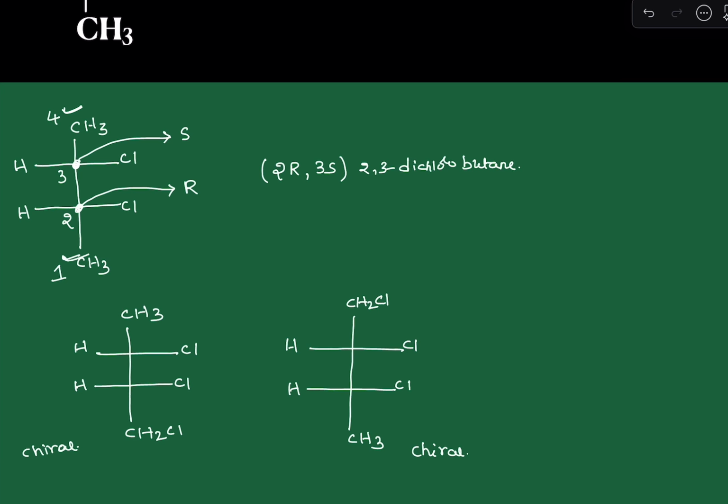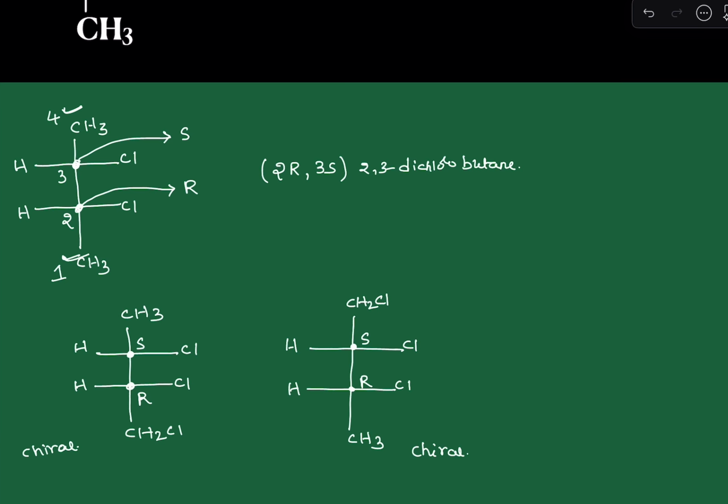And here the configuration of this carbon and this carbon will not be affected because of chlorine. That is very clear. And if you see the stereochemistry at this carbon, again the configuration is R. Here the configuration is S, and here the configuration is S, and here the configuration is R. But now we have to give the numbering based on the least locant rule.